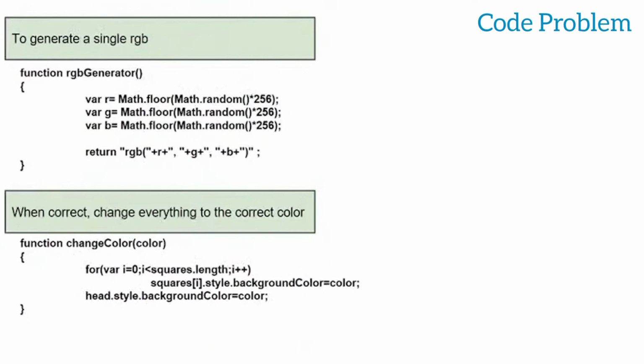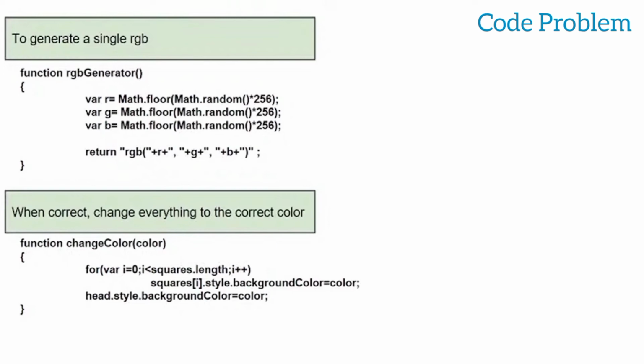Right. RGB generator done. Now, for changing the colors: when we pressed the correct option, the color got changed. We saw how the color got changed. So what are we using here? When we press the right button, we traverse through the color array, through those elements, and we check if the colors match.